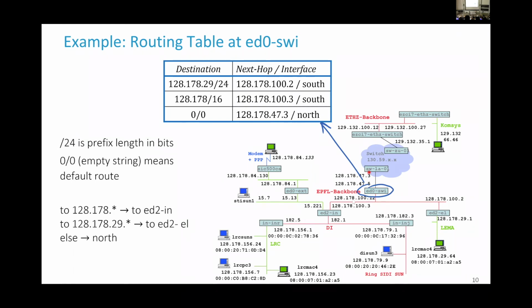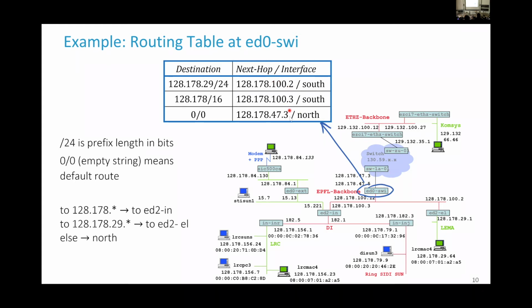So we see that all the addresses on this local area network should have the same prefix. They have the same mask, so they should start with the same block here. And here there is another subnet that has a different subnet ID. It's 128.178.47 here.